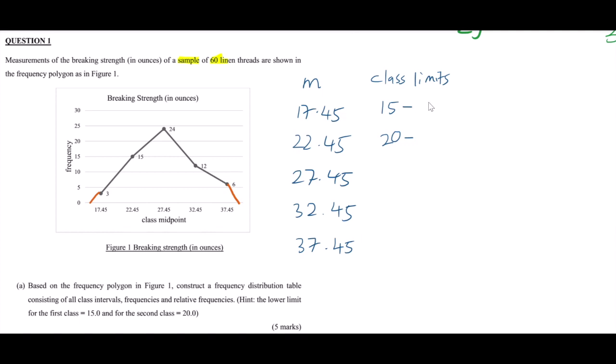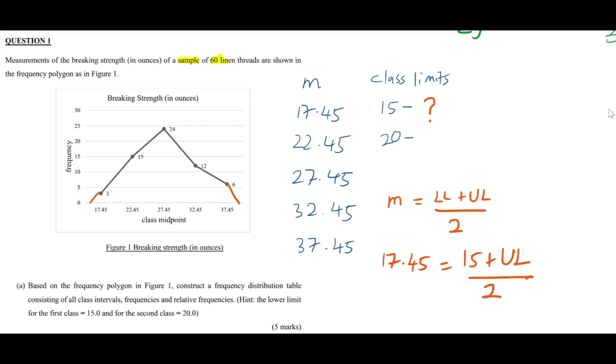Okay, so how do we determine the upper limit of the first class and the following classes? Perfect, based on the formula. So what is the formula? The midpoint is the lower limit plus the upper limit divided by 2. So here we have 17.45, this would be the lower limit is given as 15, the upper limit is what we want to find, divided by 2.